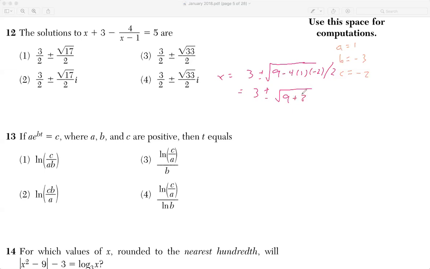This is 9 plus 8 all over 2. Radical 17 over 2 over 2. So it's this, 3 over 2 plus or minus radical 17 over 2. There's no i's involved.